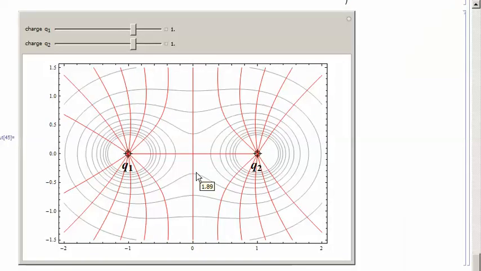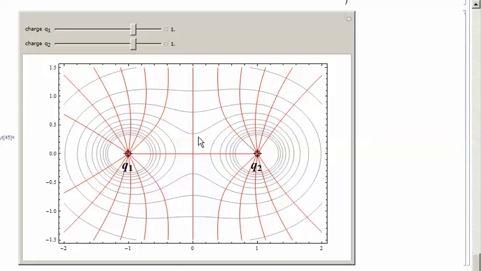But this process does seem to generate some mathematical artifacts that shouldn't really be there. For instance, this line and this line, though they are perpendicular to these lines, you shouldn't actually have the electric field line coming out and meeting the electric field line of this one head on.